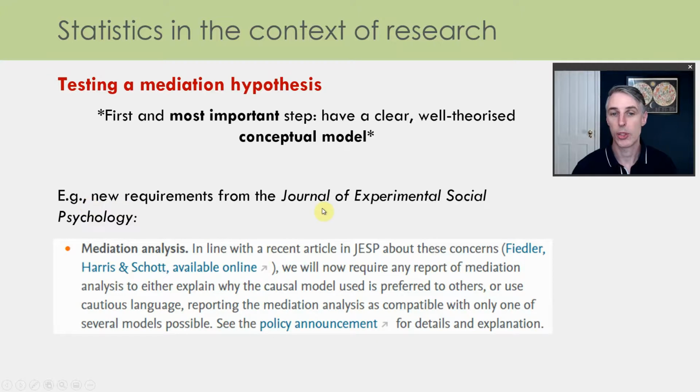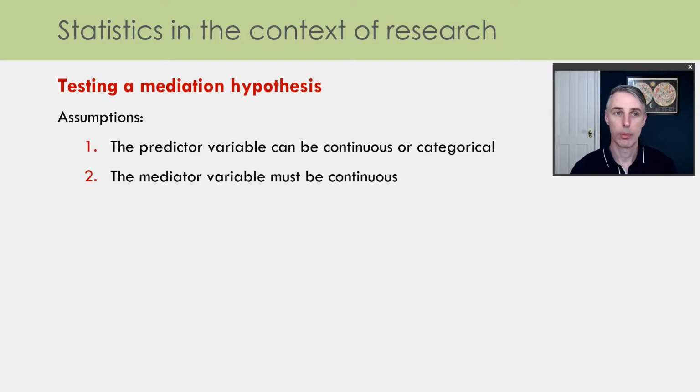For example, requirements in the Journal of Experimental Social Psychology suggest that if you're going to report mediation analyses, you should be able to explain why this model is preferred to others, in other words, why the specification isn't some other way around. Or be very cautious when reporting the results of the analyses, so as not to suggest that it's necessarily indicating causal relationships, or that it's the only way in which these variables can be fitted together in terms of relationships.